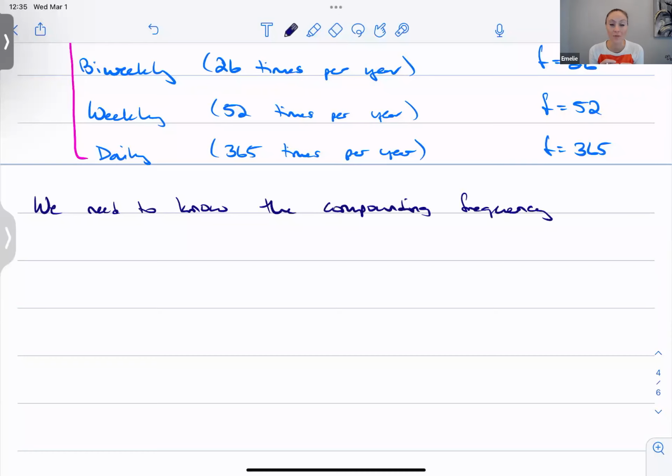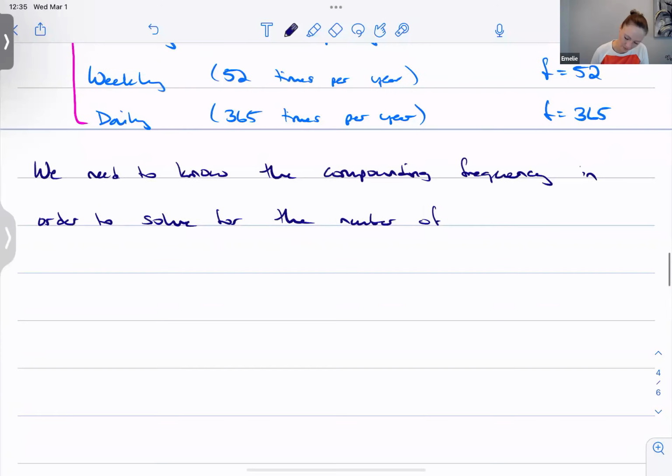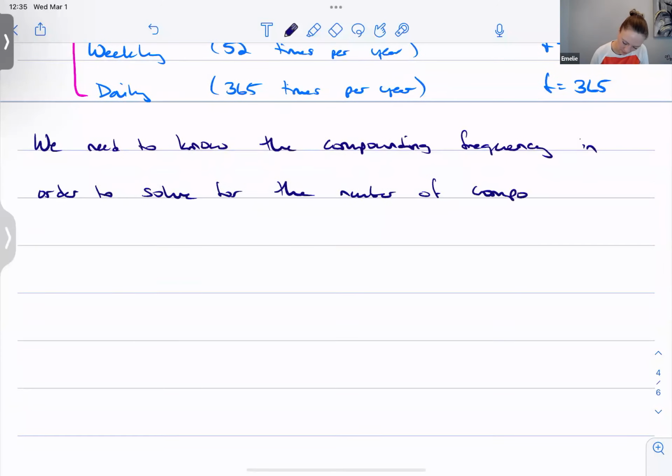The number of compoundings is going to replace T in our calculations, right?